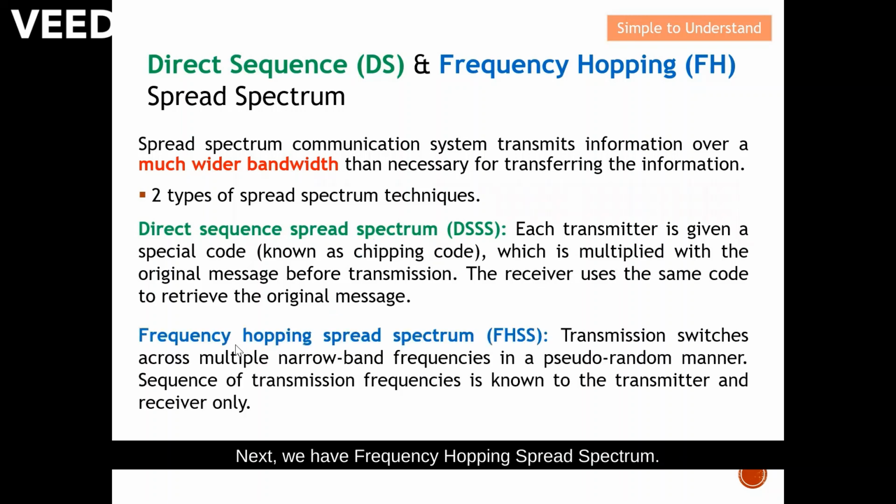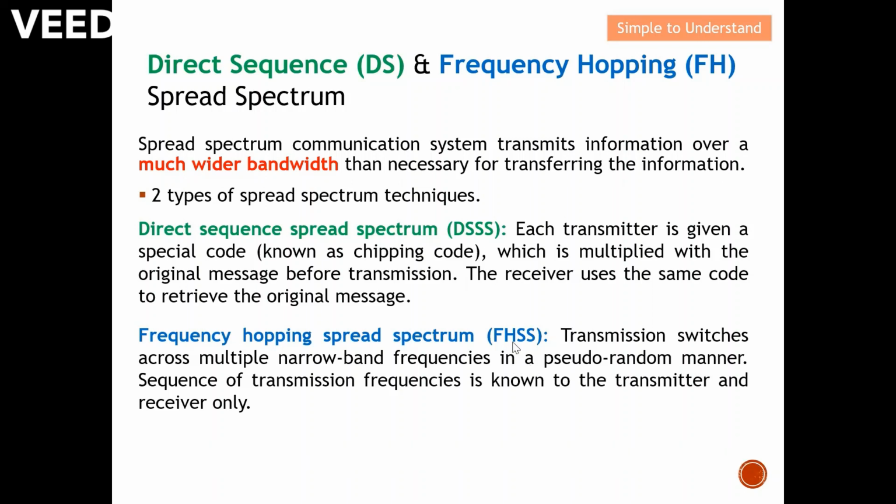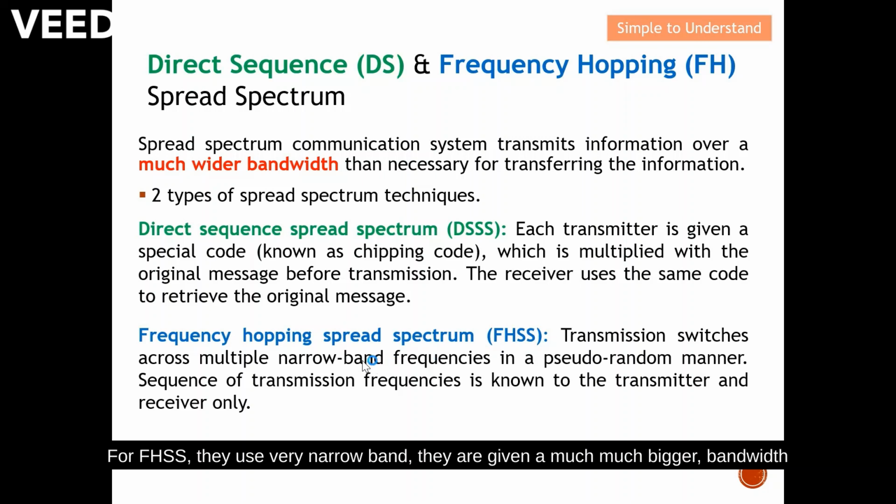Next, we have frequency hopping spread spectrum. Transmission switches across multiple narrowband frequencies in a presumed random manner. For FHSS, they use very narrow bands. They are given a much bigger bandwidth, but they transmit using very little of it.